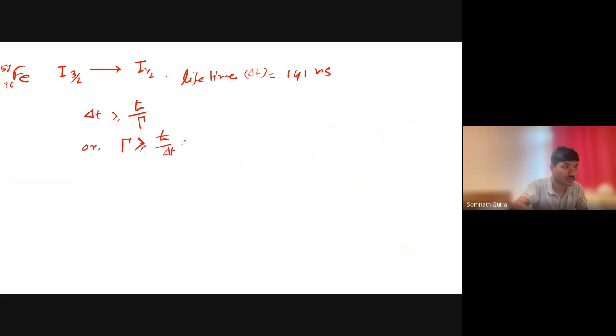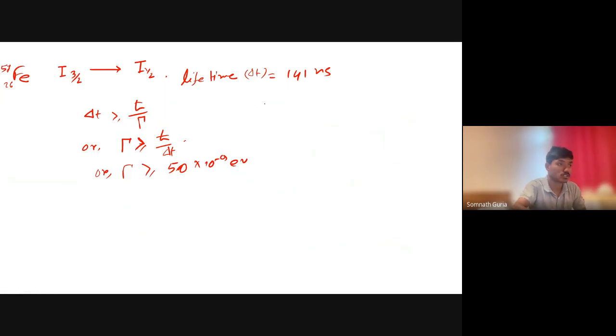For that we can put in all the values and we get gamma equals 5.0 times 10 to the power minus 9 eV.